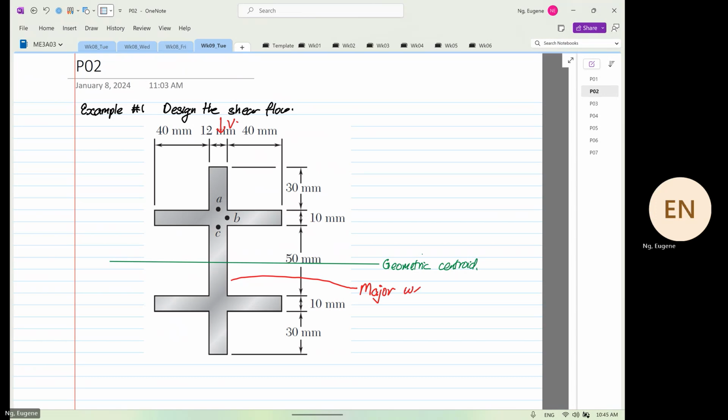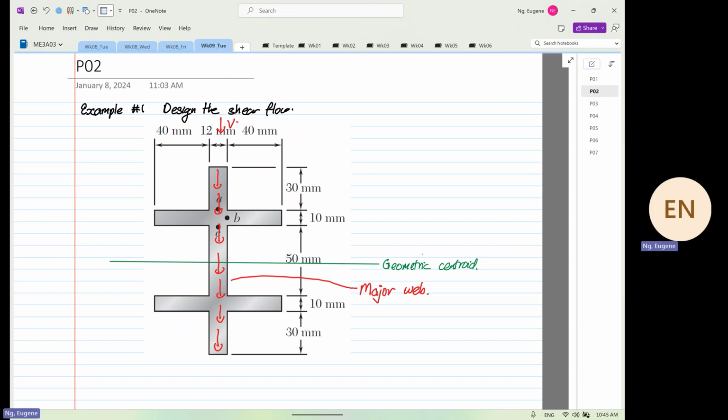Major web. Okay. So the major web will control the what? The shear flow. So we do this first. Straightforward.